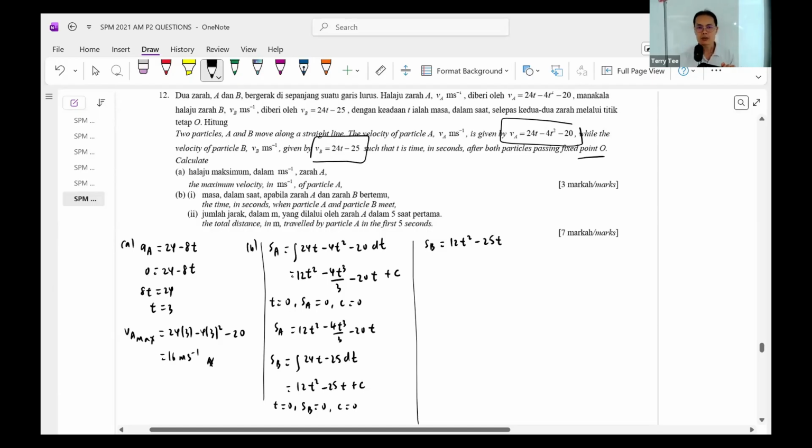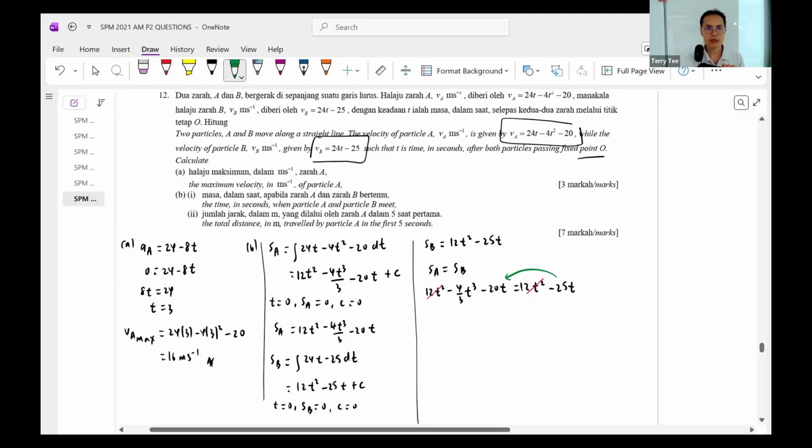Okay, now when will they meet? When SA equals SB. Your SA is 12t squared minus 4 over 3 t cubed minus 20t. Your SB is 12t squared minus 25t. Now, good news is you notice we can cancel 12t squared, 12t squared. I just have to bring this over to the left-hand side or bring to the right, up to you.